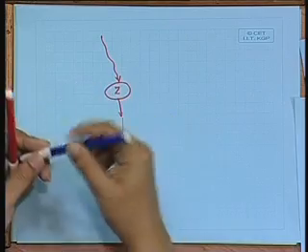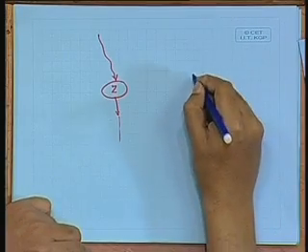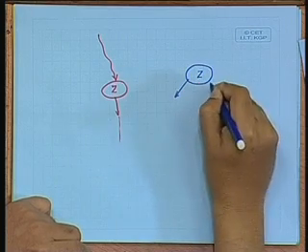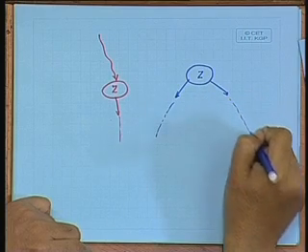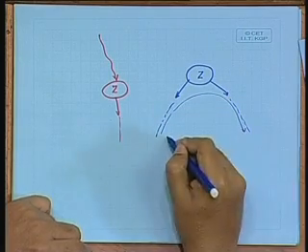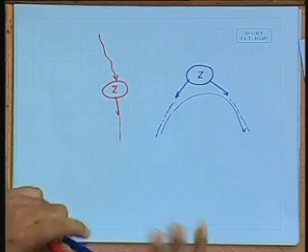The other scenario is that the path has Z like this. It is not necessarily a directed path.